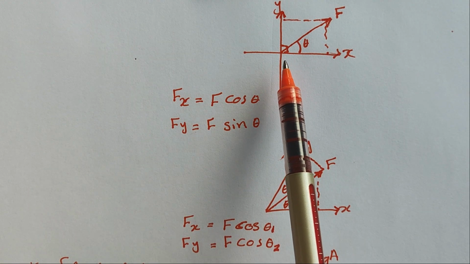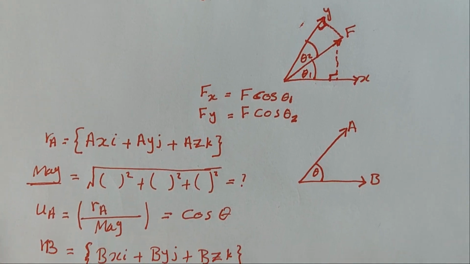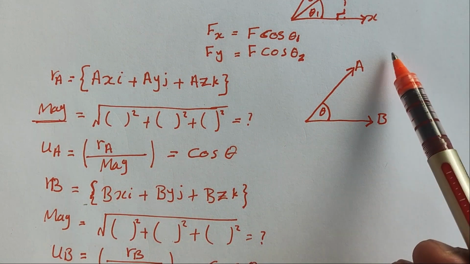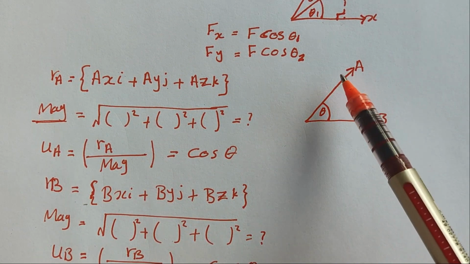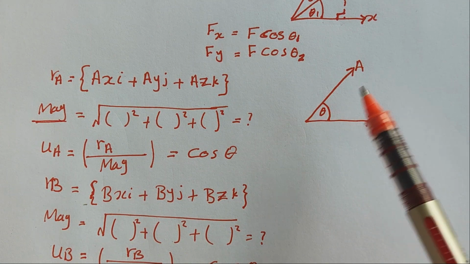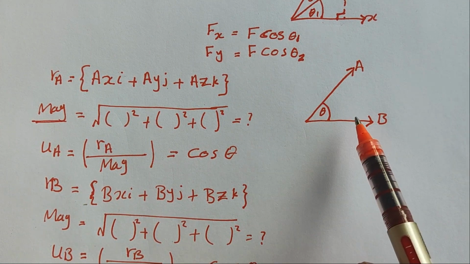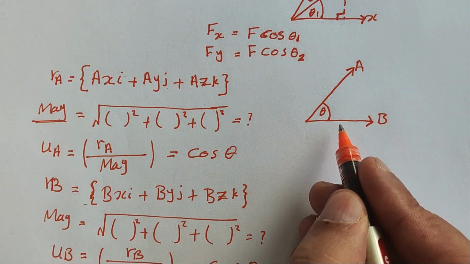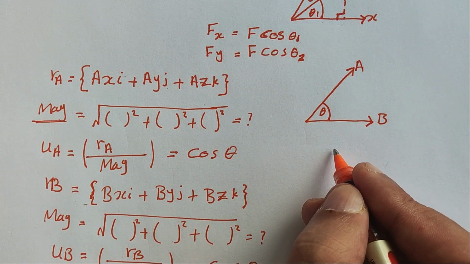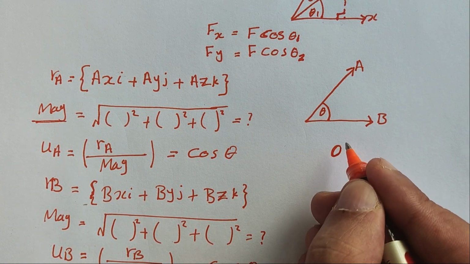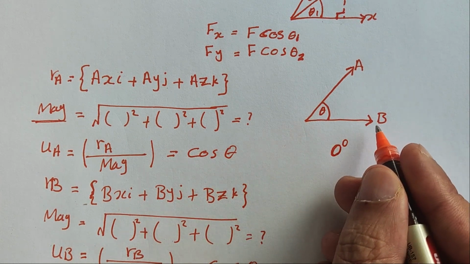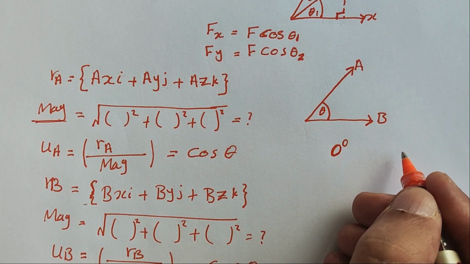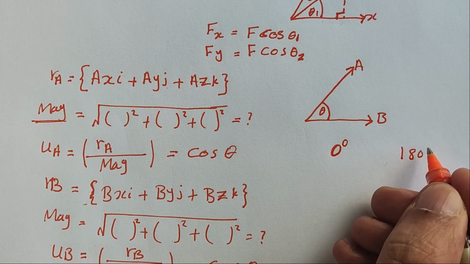However, for the perpendicular axes, we were able to say Fy equal to F sine theta because y is perpendicular to x. In this case, if we now have vector A and vector B, they will make an angle theta between both of them. The minimum of this angle theta is going to be 0 degrees, and the maximum is going to be 180 degrees.